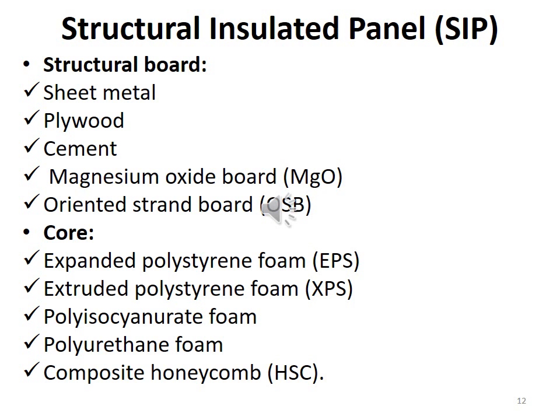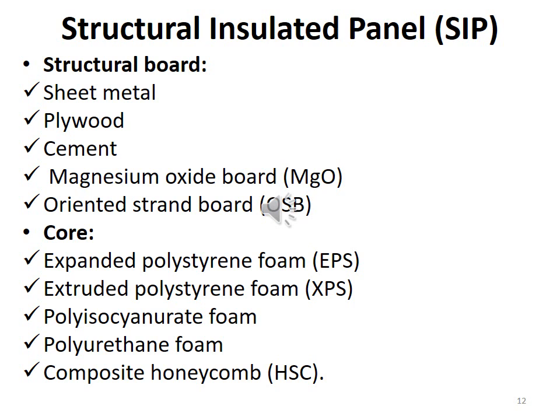These are different materials that can be used to fabricate structural insulated panels, while the core that is sandwiched between these two materials may be of different types. For example, expanded polystyrene foam EPS, extruded polystyrene foam XPS, polyurethane foam, and composite honeycomb can also be used as a rigid core between the structural insulated panel.